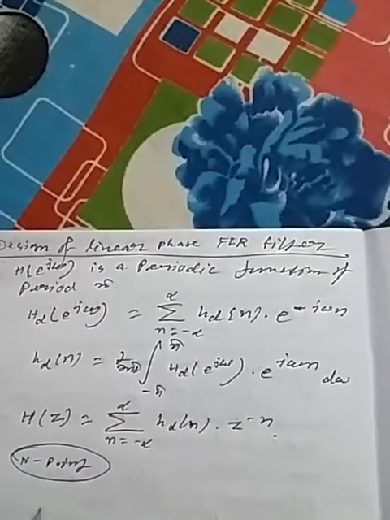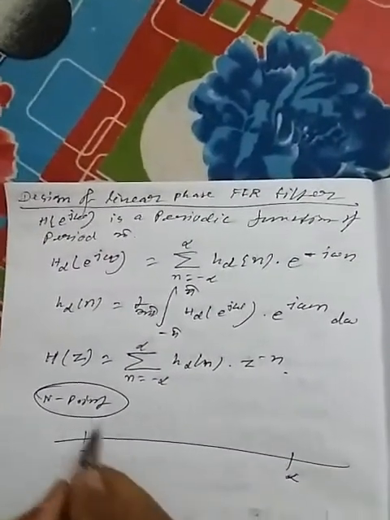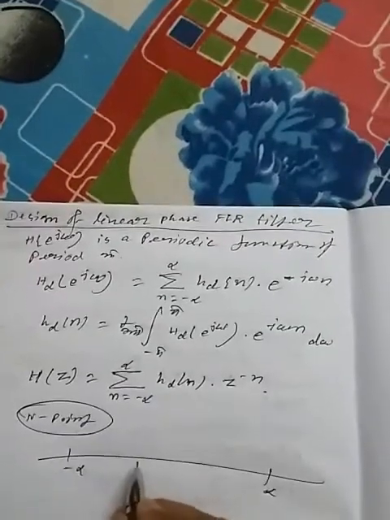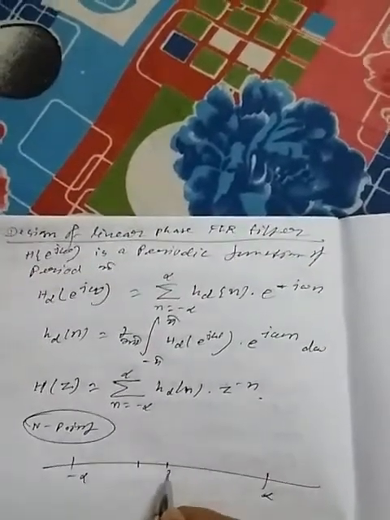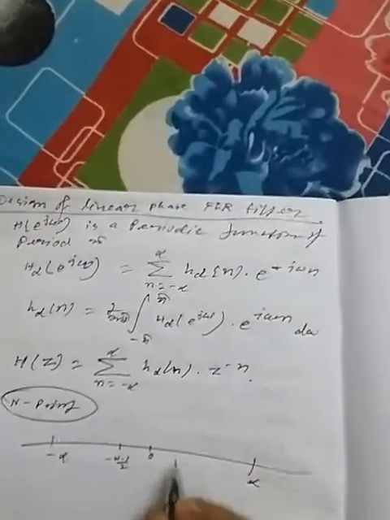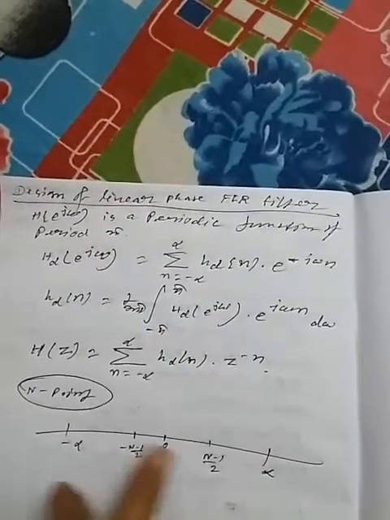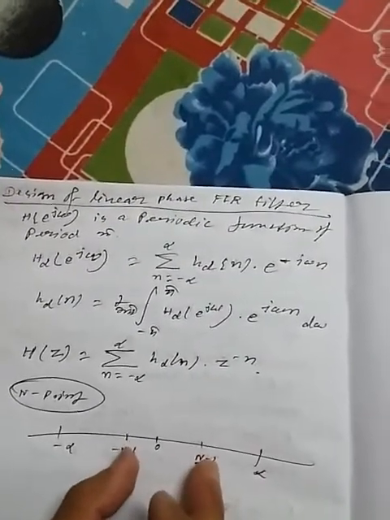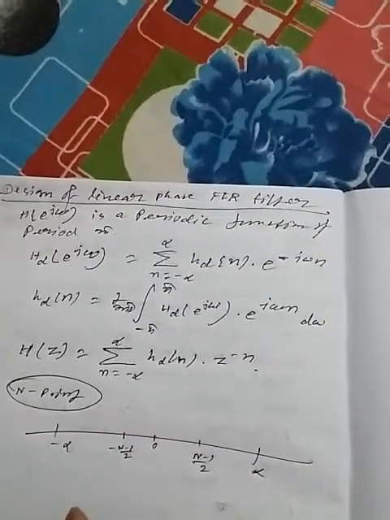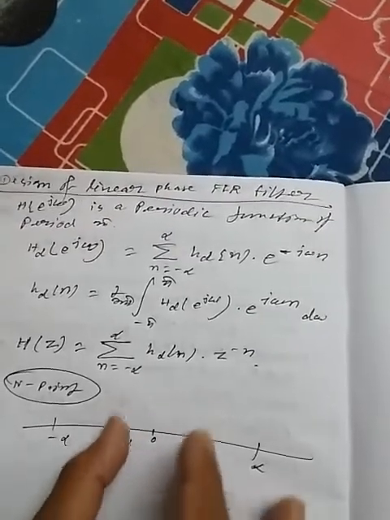then suppose the range is from minus infinity to infinity and we want to truncate by N points, then suppose this is 0, here will be minus (N minus 1) by 2 and here will be (N minus 1) by 2. So total duration will be N points. So among this infinite duration we want to just truncate the impulse response up to this point.